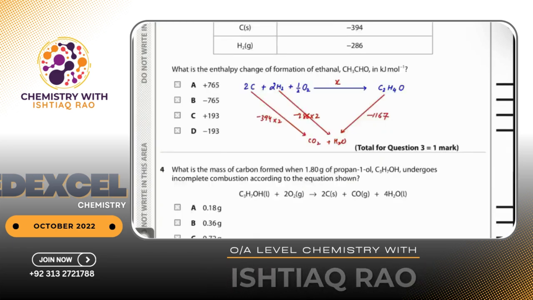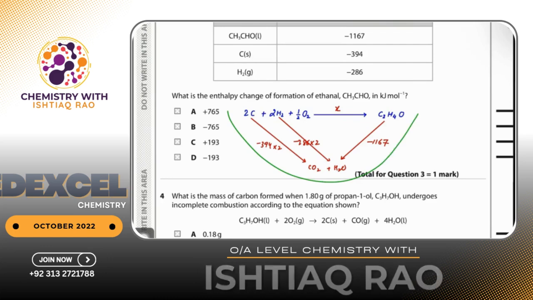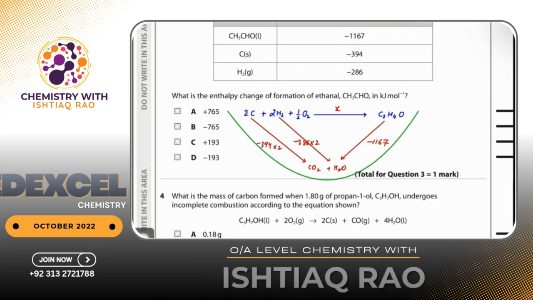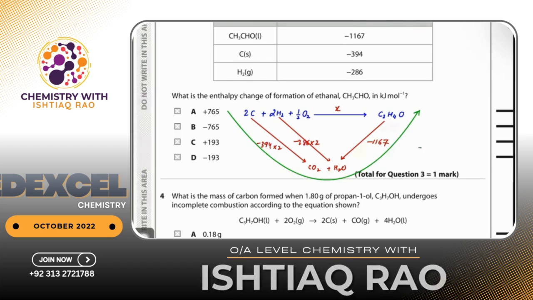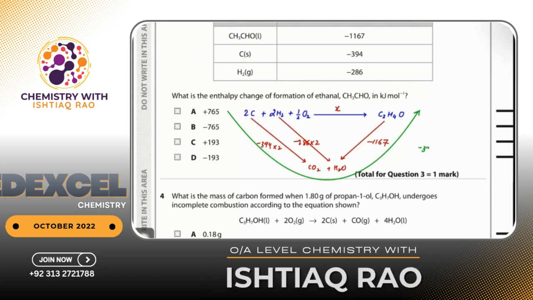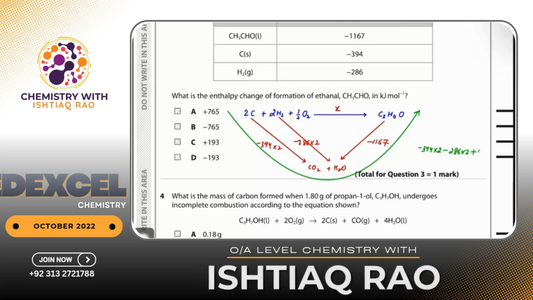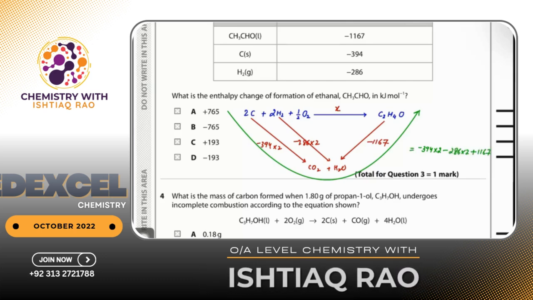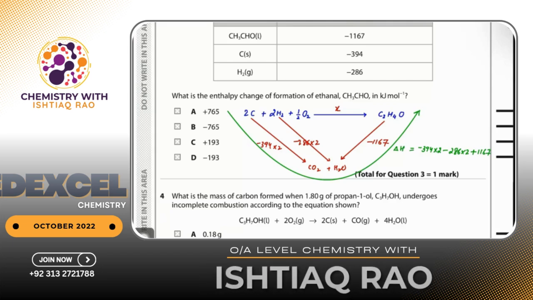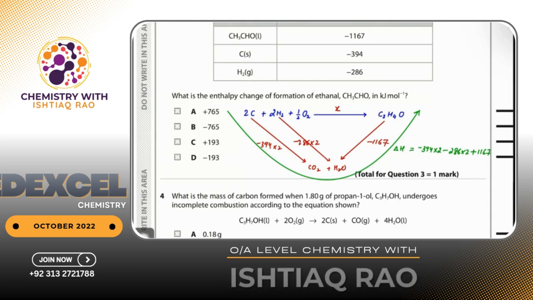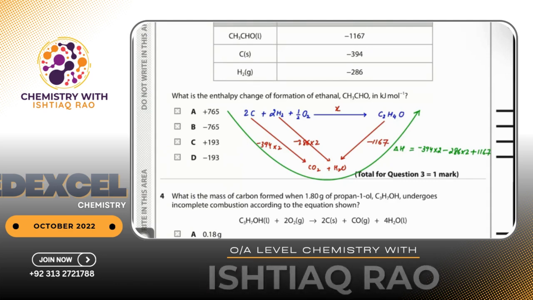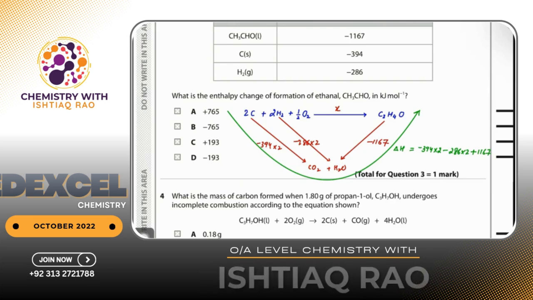So the answer is an indirect route: minus 394 times 2, minus 286 times 2, and plus 1167 is going to give you the delta H. What's the answer?